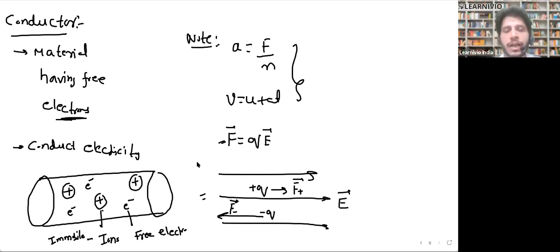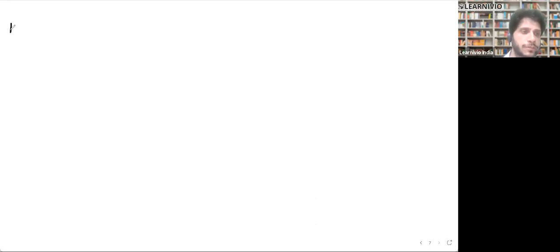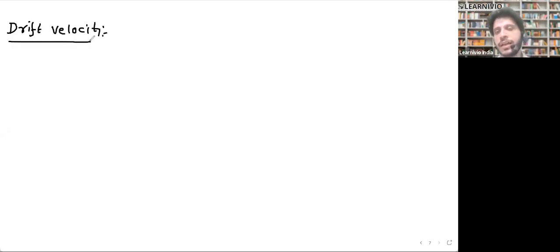So these are the topics that we'll be using in the next discussion: this from class 11, and this from chapter number 1, electric charge and field. The topic is drift velocity. Drift velocity is basically the velocity with which electrons move inside a conductor when you apply a potential difference to the conductor. Meaning when you connect the conductor to a cell, the velocity with which electrons move inside the conductor is known as drift velocity.